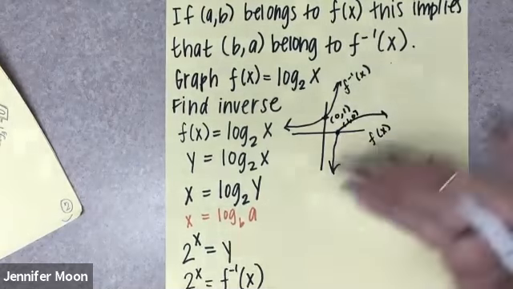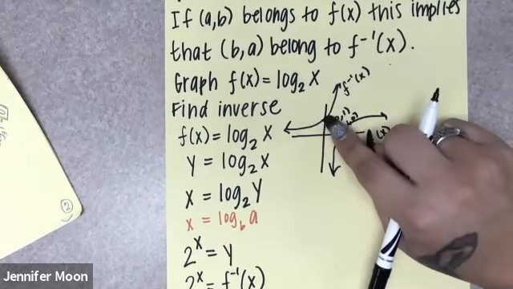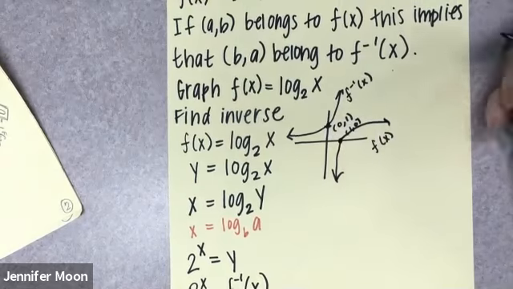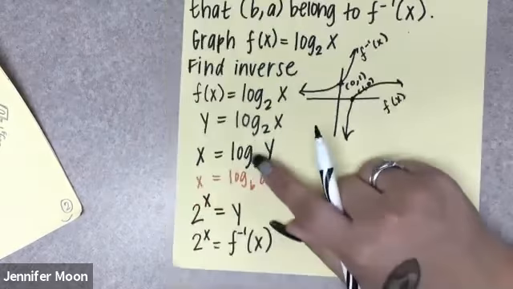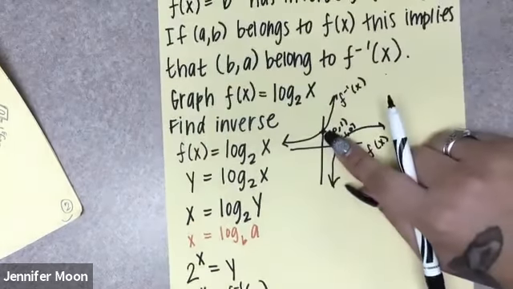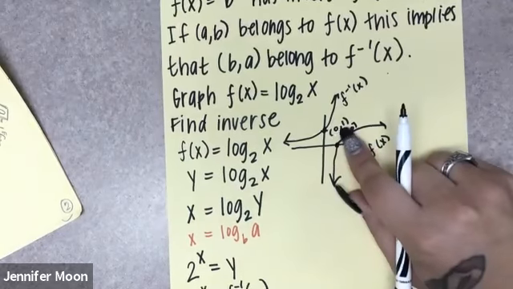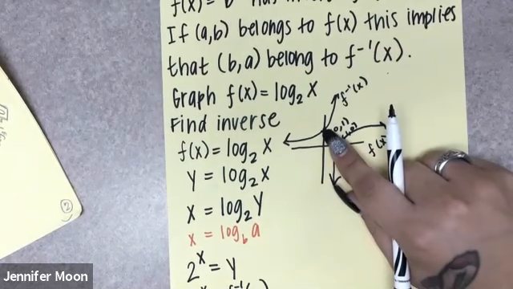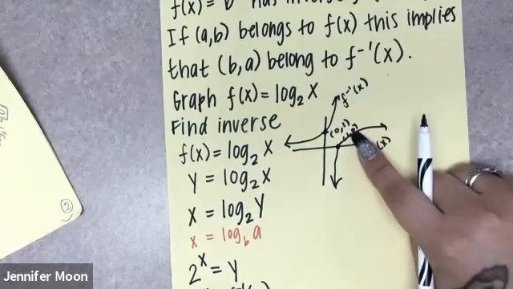If you notice, the main point I really only needed was the fact that my exponential function crosses at 0, 1. Okay, that's the main thing. If asked to find an inverse, that's how you go about it. But all I needed to know is that it's easier to graph this because I know 0, 1, and then because they're inverses and they're 1 to 1, that means all I have to do is just a reflection and switch the points.